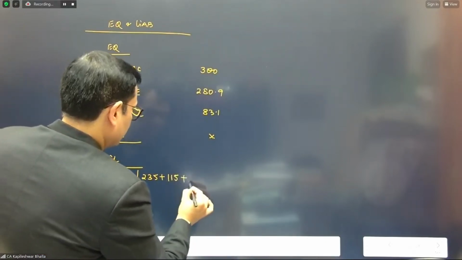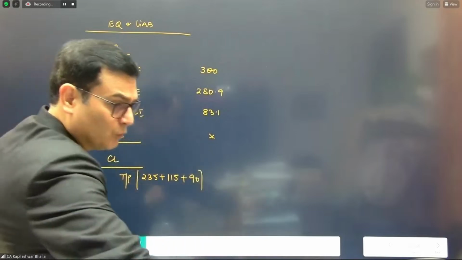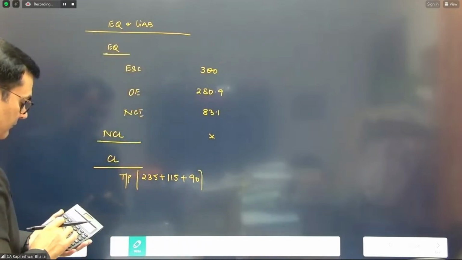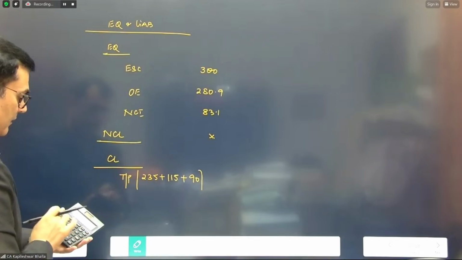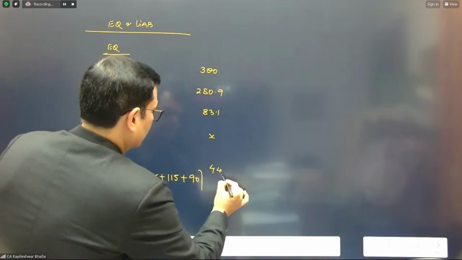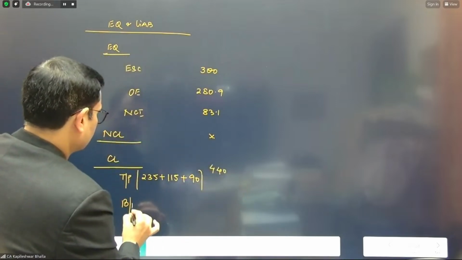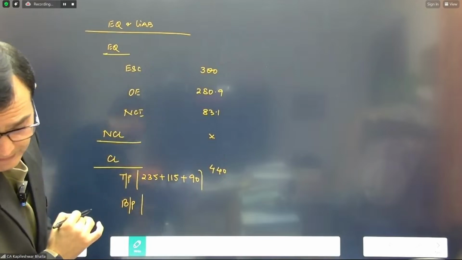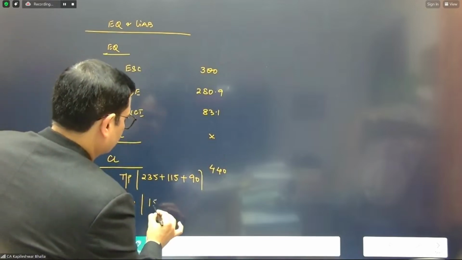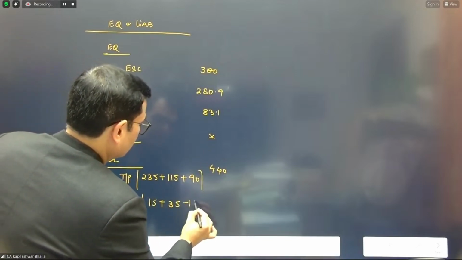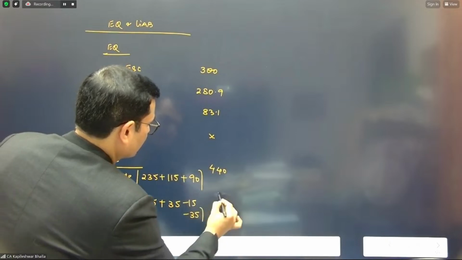So 115 plus 90, that's it. No intercompany owings in this case. So that works out at 440. And as far as the bills payable is concerned, that's eliminated: 15 plus 35 minus the intercompany owings, it becomes 0.